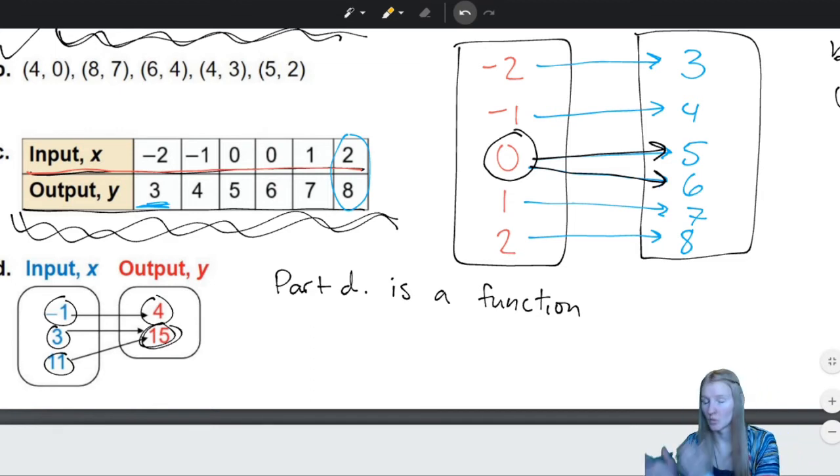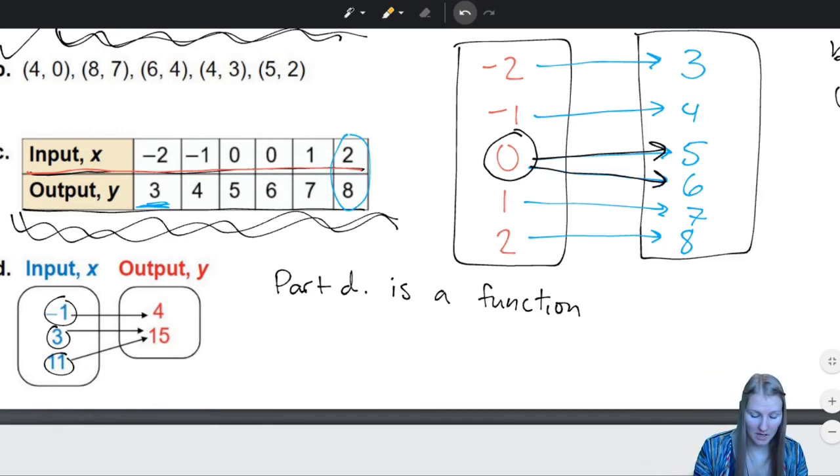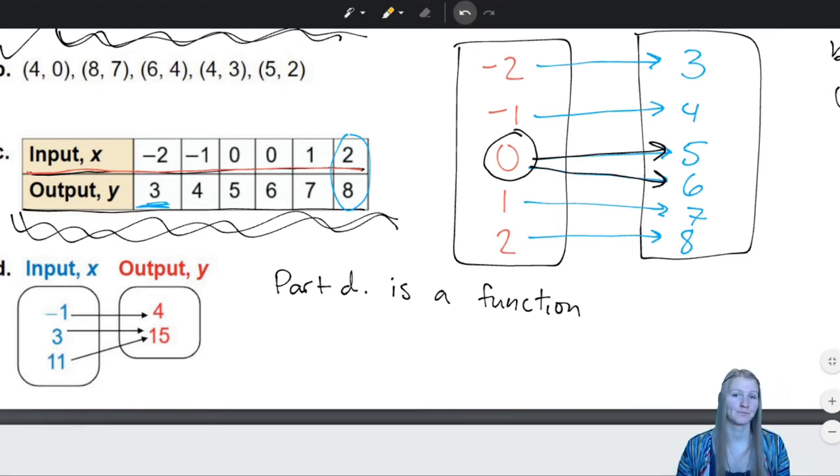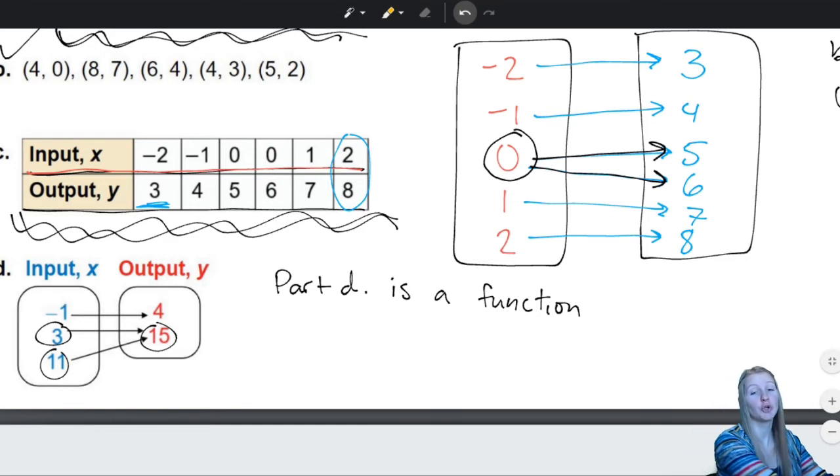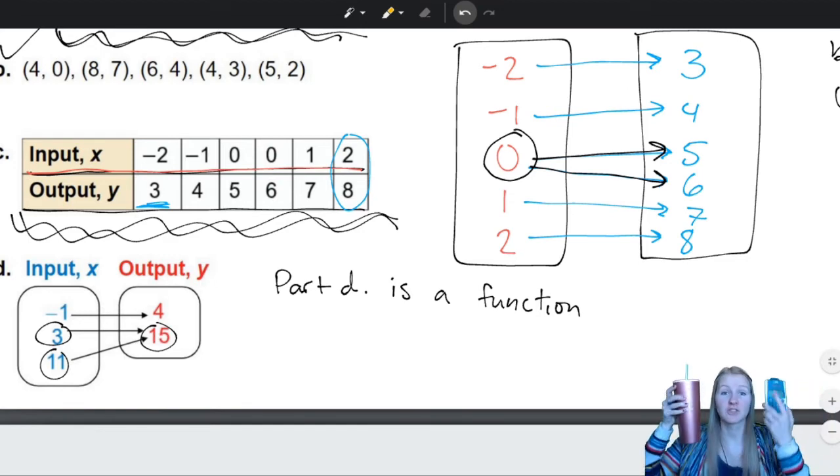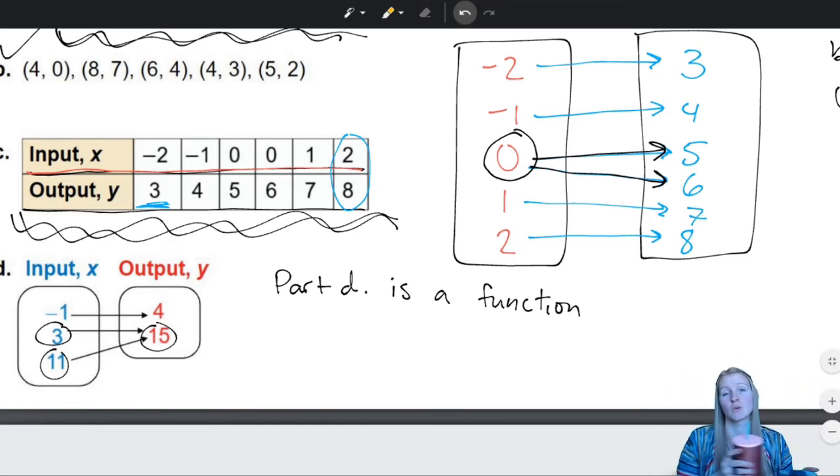One input, one output. If this -1 were also pointing to the 15, then we would have a problem. But remember, two numbers can point to the same number. That's okay. Two items can cost the same price. That's okay.